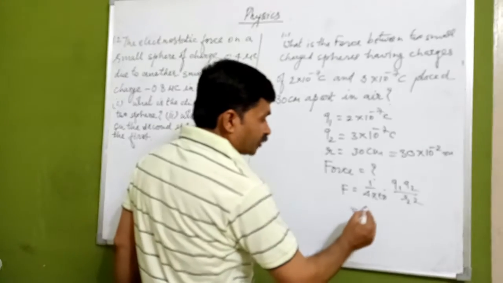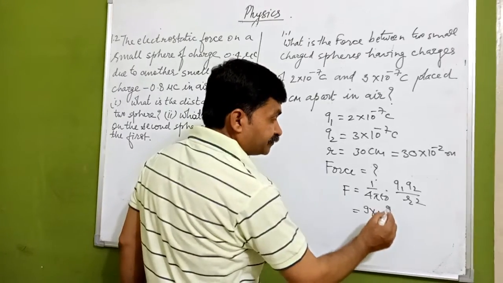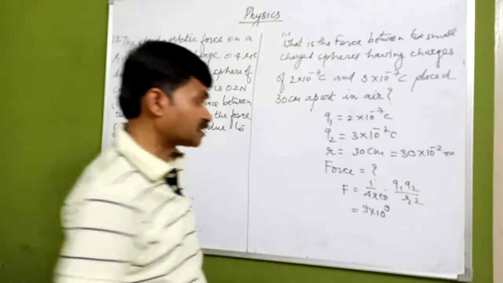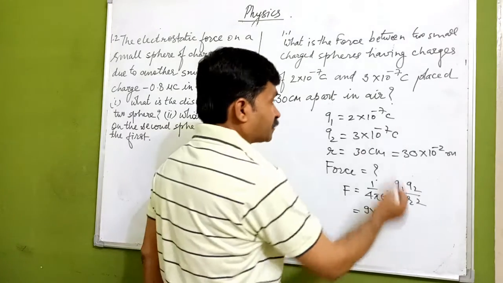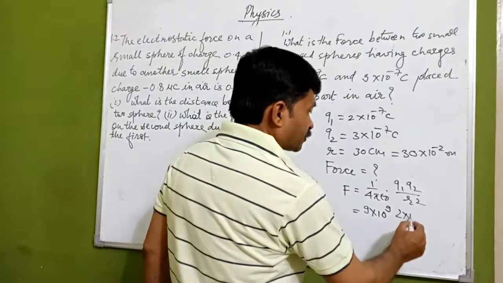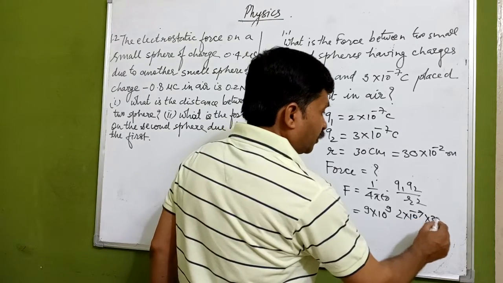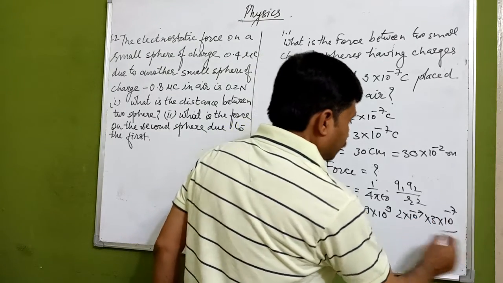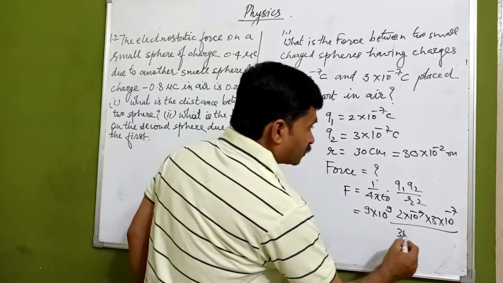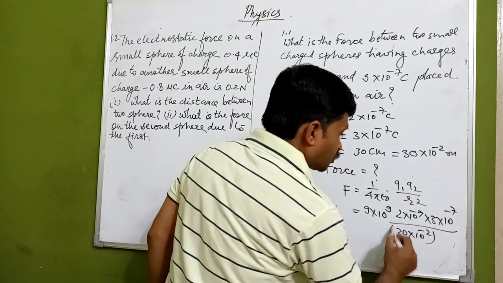Now 1 upon 4 pi epsilon naught, that we know, is 9 into 10 raised to the power 9. We will substitute this: 2 into 10 raised to the power minus 7 into 3 into 10 raised to the power minus 7 divided by R square, that is 30 into 10 raised to the power minus 2, whole square.